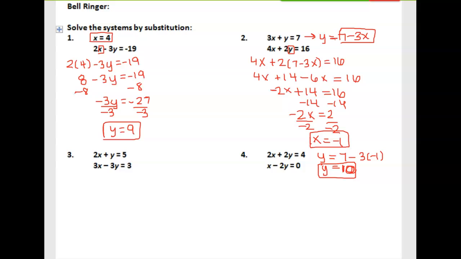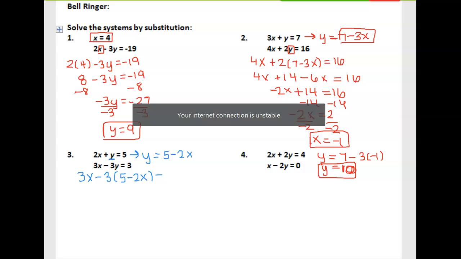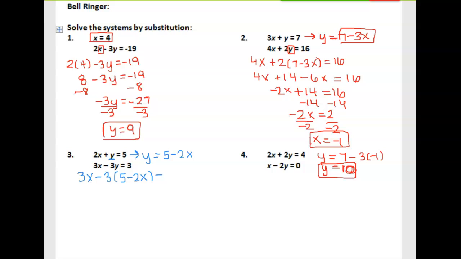Substitute it in. Combine like terms. Divide by 9.